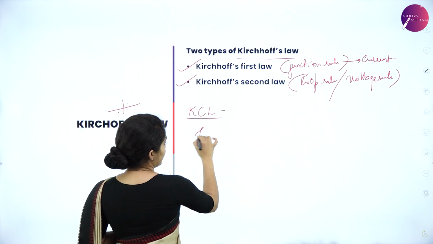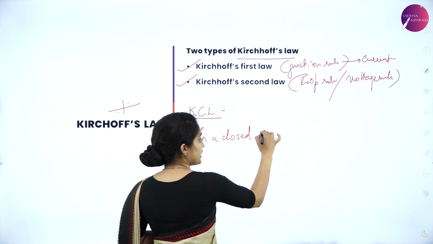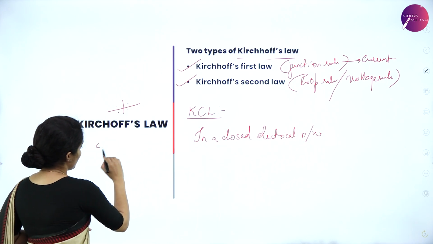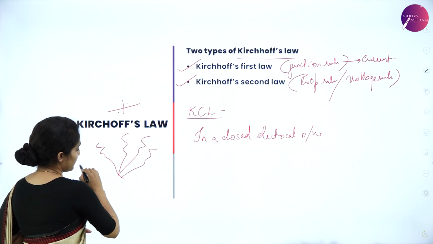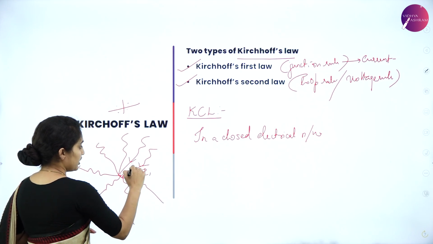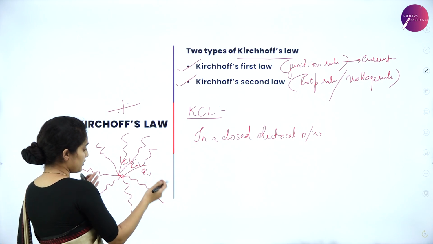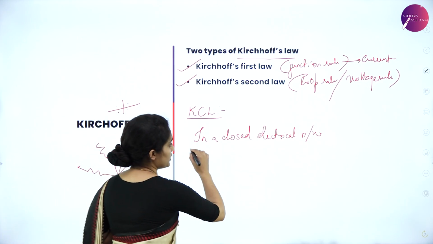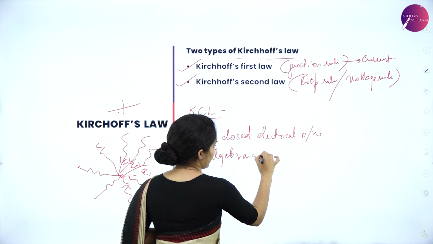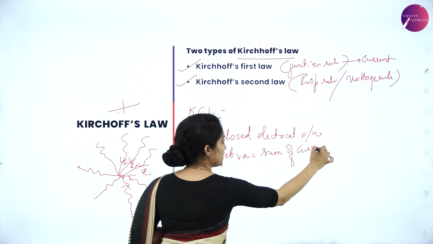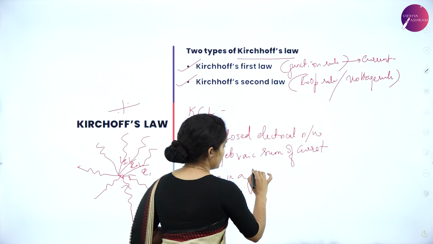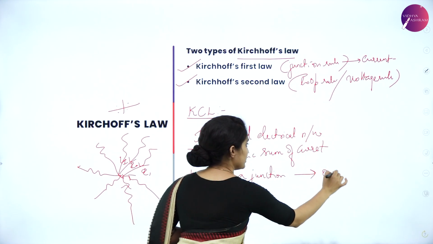It states that in a closed electrical network, whatever current comes into the junction, say I1, I2, I3, the algebraic sum of the currents meeting at a junction is said to be 0.